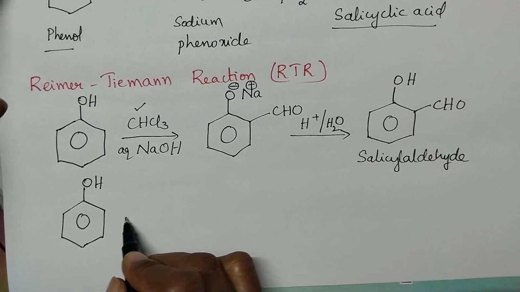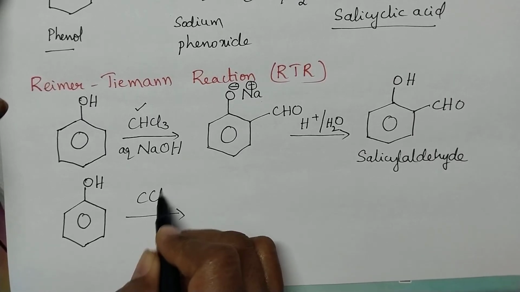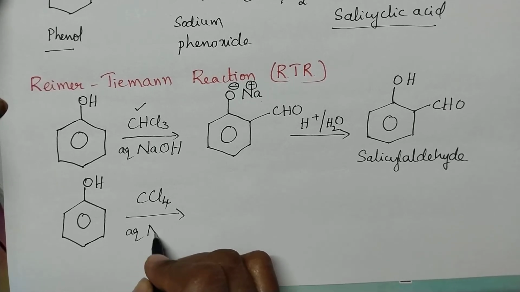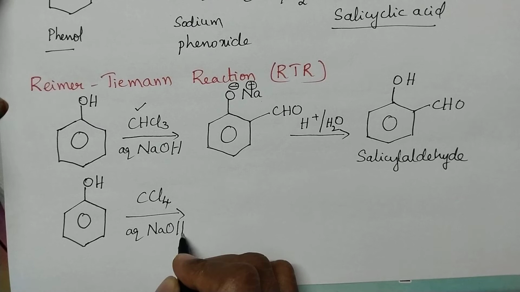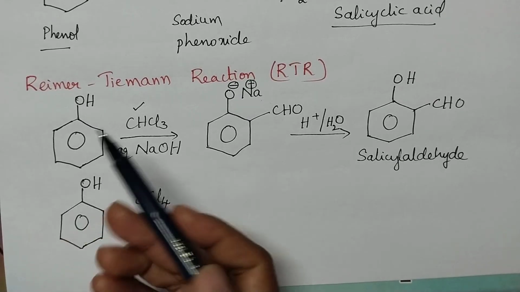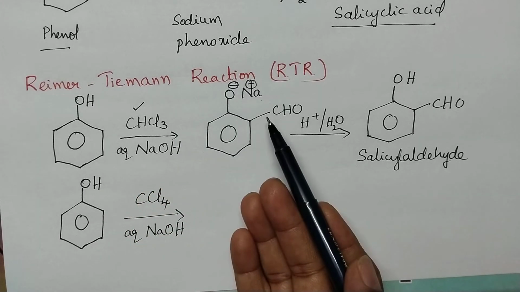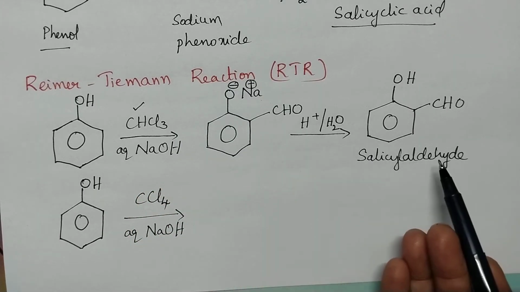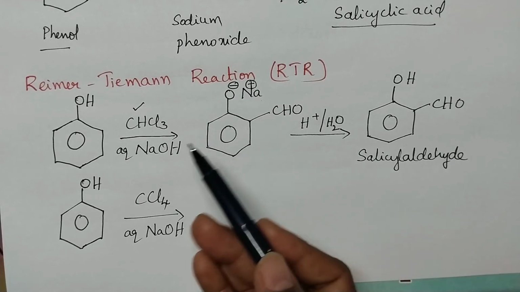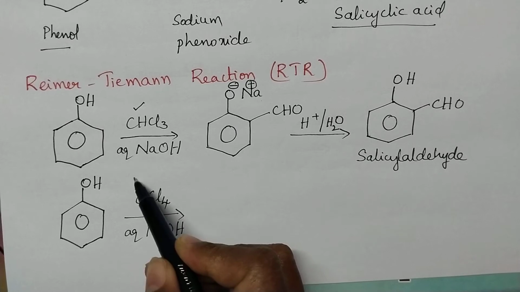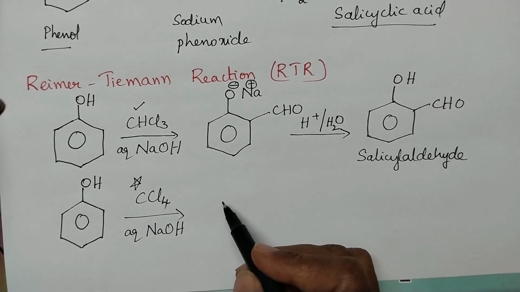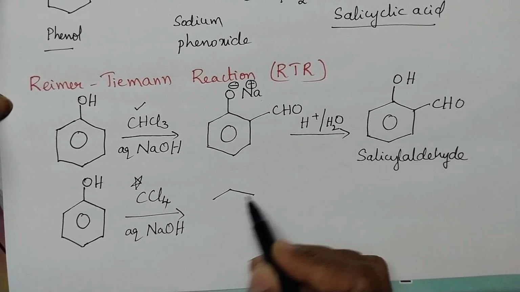In this case, it is treated with carbon tetrachloride in the presence of aqueous NaOH. Always remember, if phenol is treated with chloroform, it results in the formation of salicylaldehyde, so an aldehyde group is introduced at the ortho position, whereas if phenol is treated with carbon tetrachloride, an acid group is introduced at the ortho position.